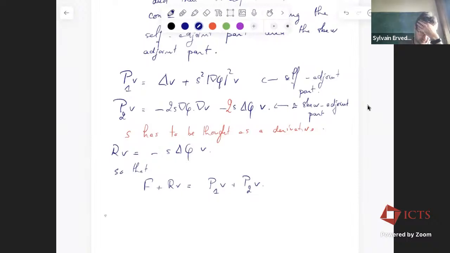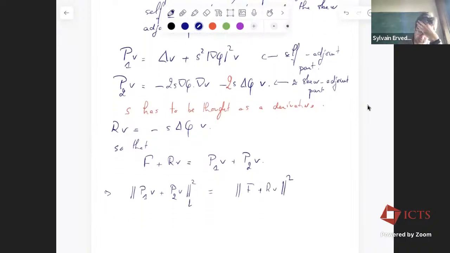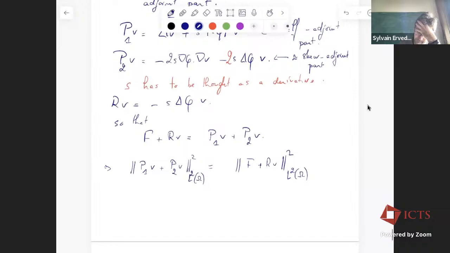Okay, and then we say that the norm of P1V plus P2V square equals the norm of F plus RV square. So these are L2 norms on omega. So this one, of course, is less than the norm of F square L2, with a factor 2, plus 2 times RV in L2 of omega square.